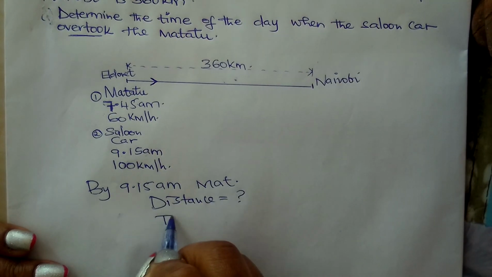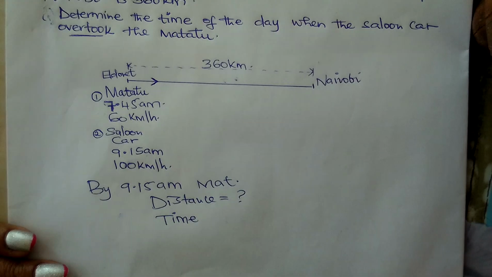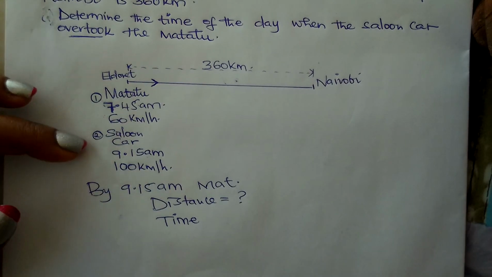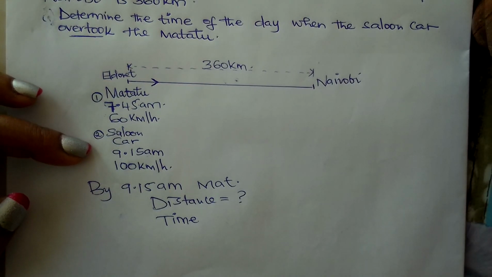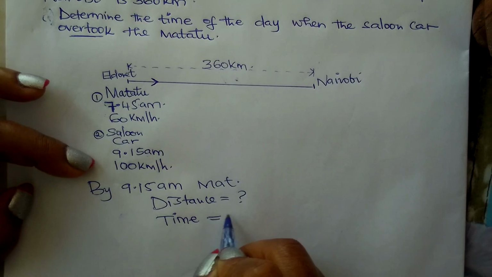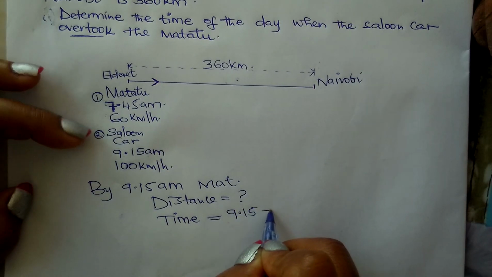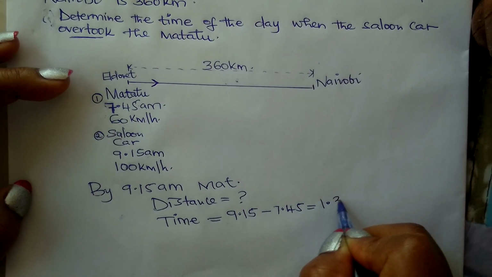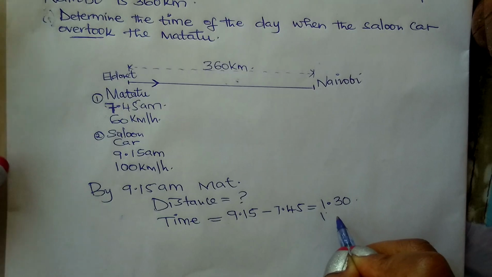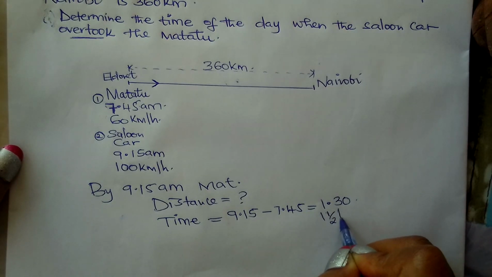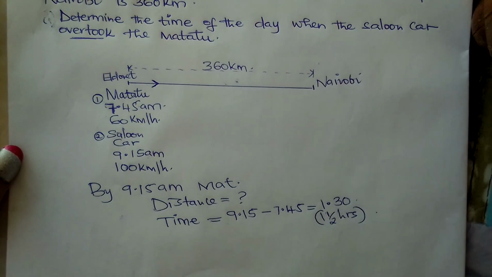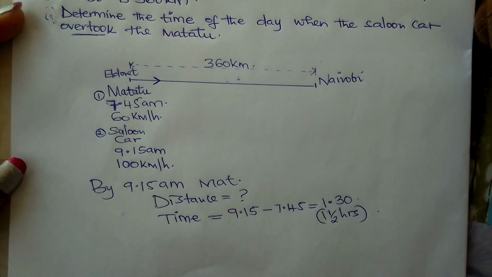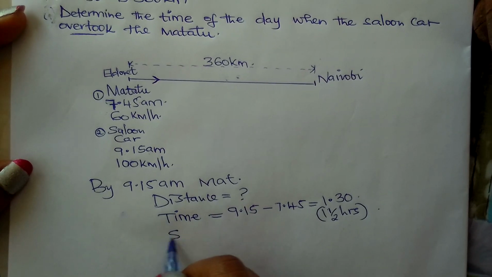So you first think of the time taken by the matatu before the saloon car left Eldoret. So you come and talk of 9:15 minus 7:45. You get 1 hour 30 minutes. In other words, this is 1.5 hours. Then, learner, the matatu is traveling at what speed?